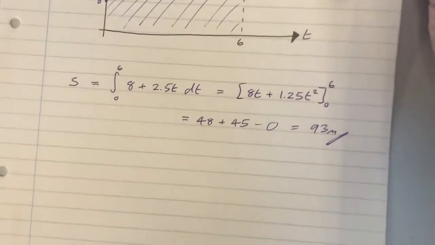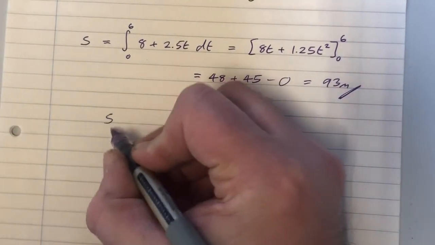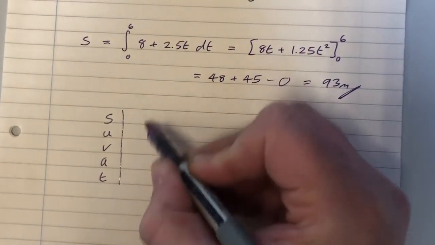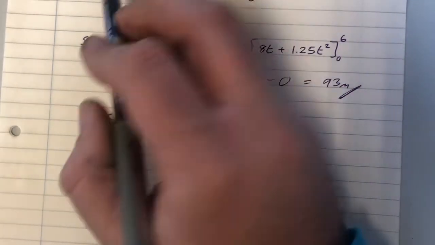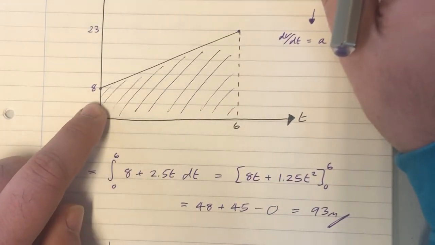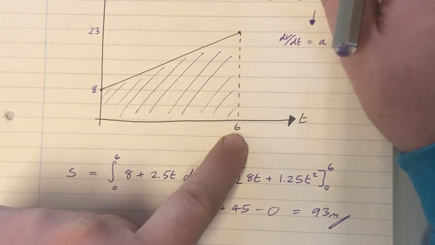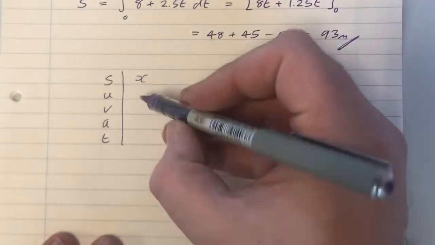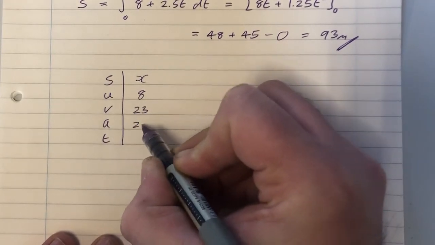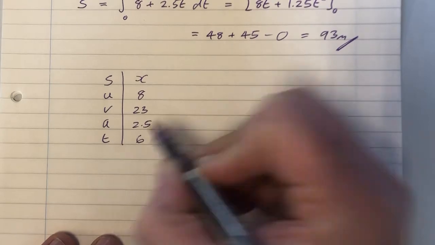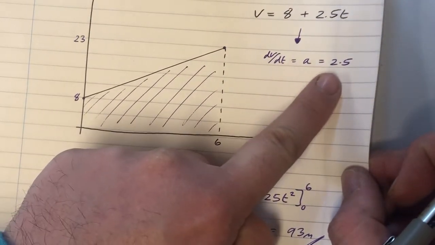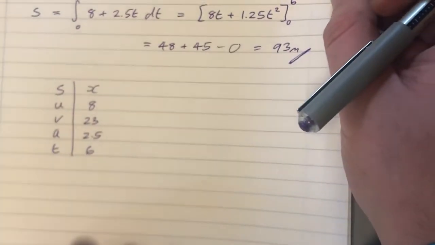Let's just confirm this is the same answer that Suvat will give us. So S, U, V, A, and T. S is my unknown, so I'm going to call that x. U is my initial velocity, which according to my graph is 8. V is my final velocity, which is 23, and T is 6. I know that A is 2.5 because I differentiated velocity a minute ago, and that's why I can use Suvat, because the acceleration is constant.